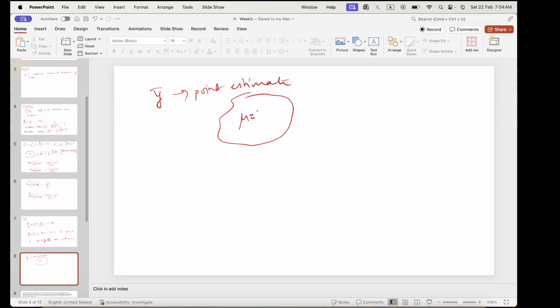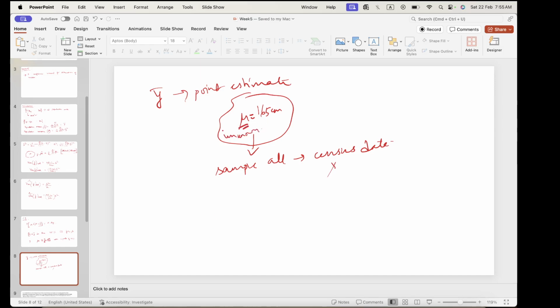If I say the true height is around 165 centimeters, and I had the capability to sample everyone from census data and calculate this mu, capital Y bar, then I could determine the population-level parameter. But since I am not doing a census, this quantity is actually unknown.